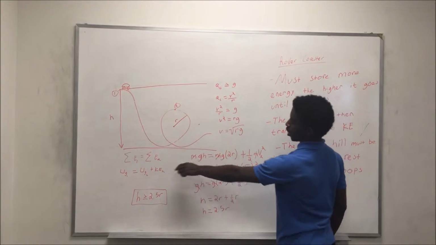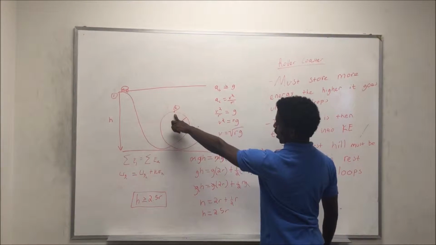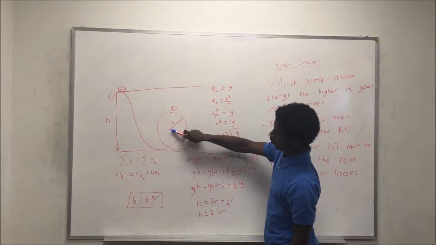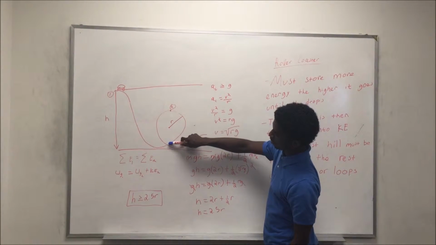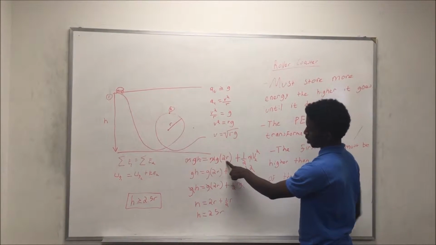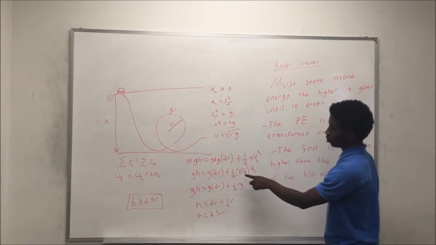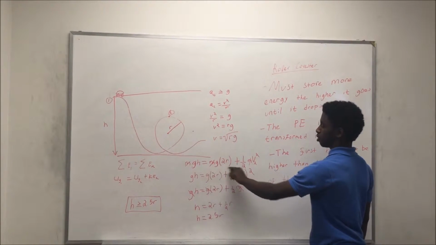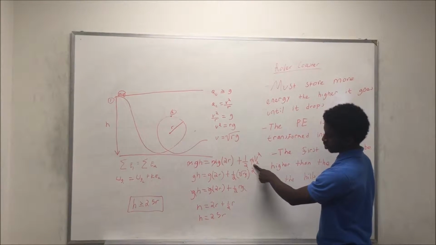At point 2, the height is actually 2r. This is the radius of the circle, but the height of the actual circle is 2r. So we substitute that in for h on the right side, and we cancel all the m's out because they're a factor on both sides.